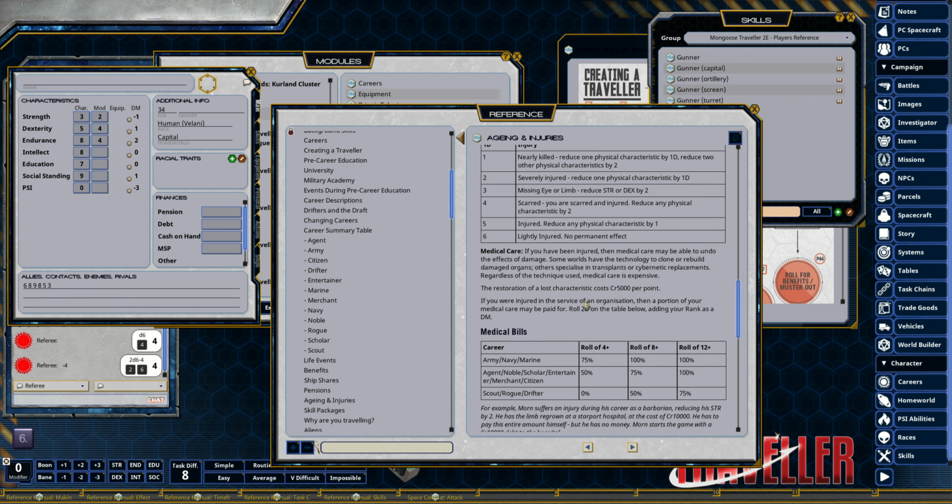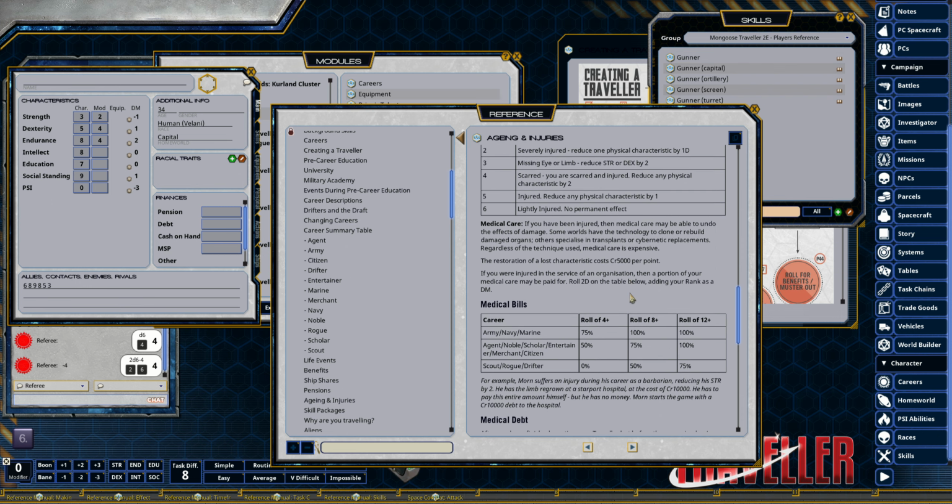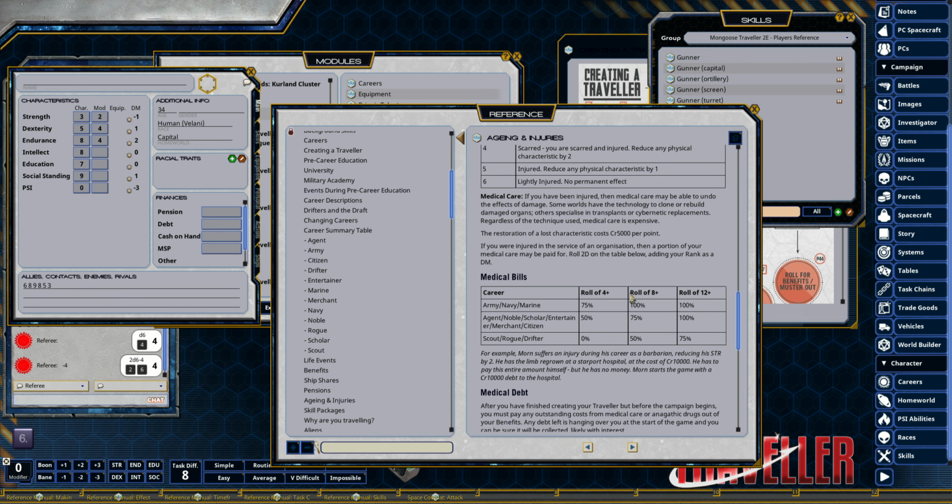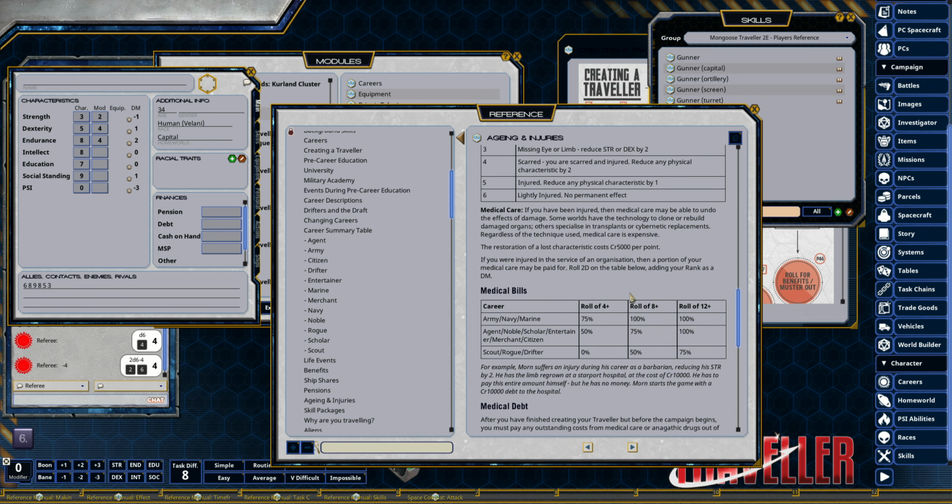That is going to be expensive. 5,000 per point. So that would be 30,000 credits. 30,000 credits, but I get my scores all the way back up, so we're going to go ahead and do that. I'm going to, for now, put the debt at 30,000.